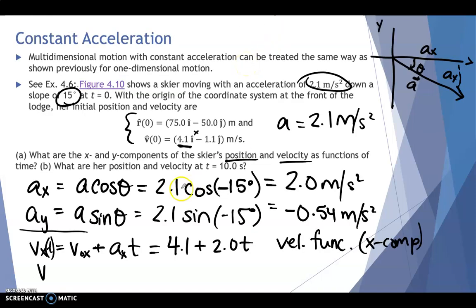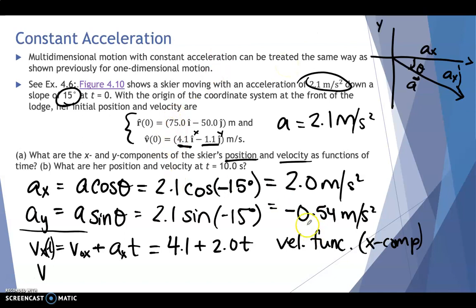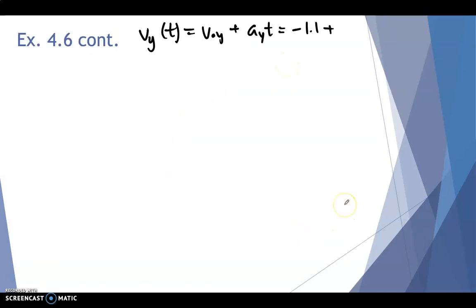So our v naught y is right here. The j indicates it's our y component. And so this will be negative 1.1 plus our a sub y, which we found as negative 0.54, times t. So this is our y component of the velocity.